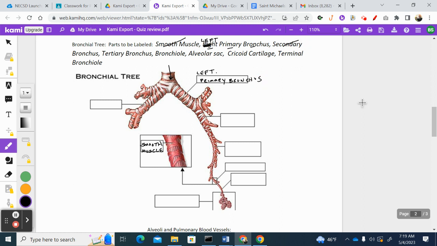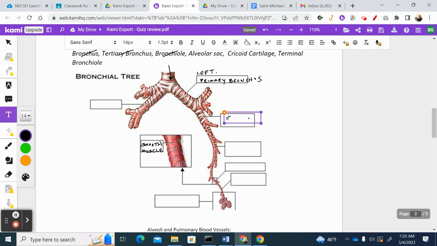And then we could do secondary and tertiary and then bronchiole. So it goes secondary. I screwed that up. Let's fix that. Maybe we should type it. It'd be easier.